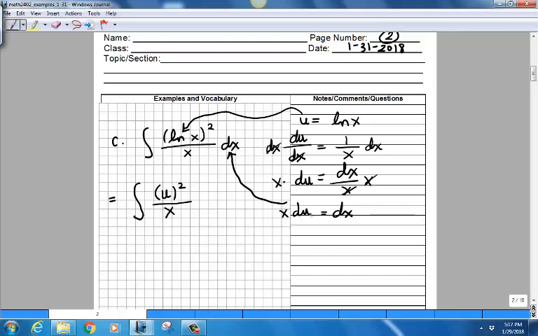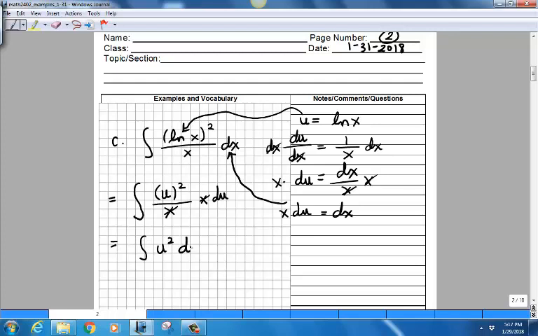But I do know that dx is x times du, right? So wherever I see dx right here, I'm going to write x times du. And then a really lucky thing happens here, right? Okay, so this really tells me that I'm on the right track. The x's are going to divide out. So I end up here with just the integral of u squared du.